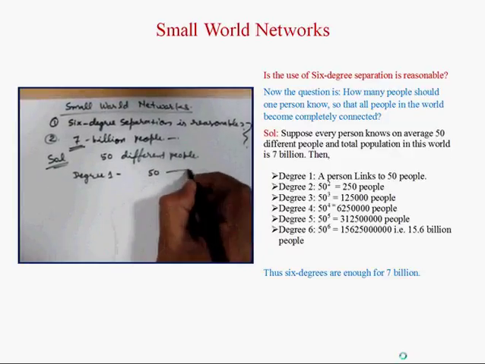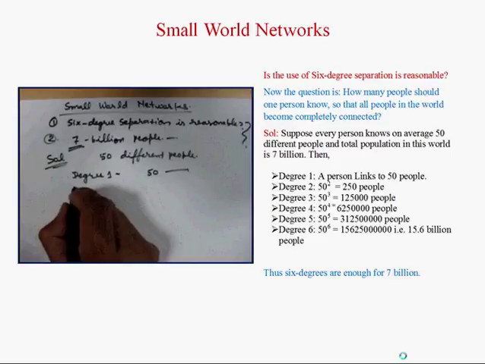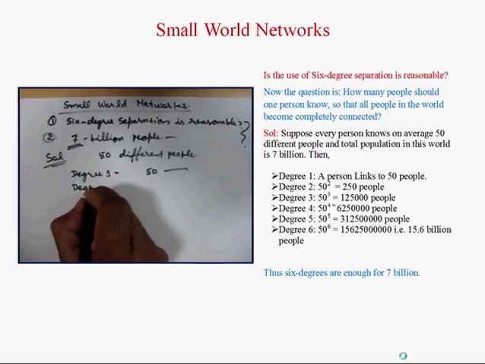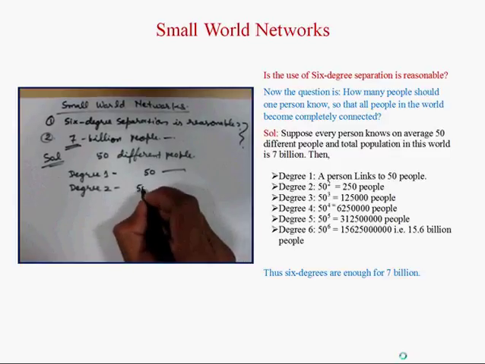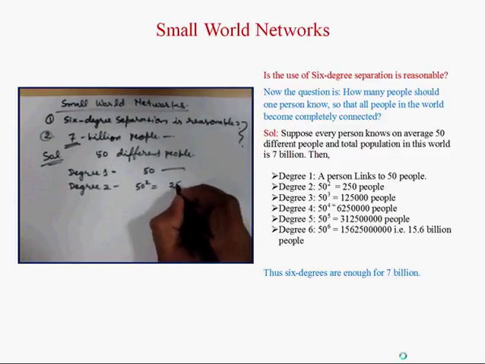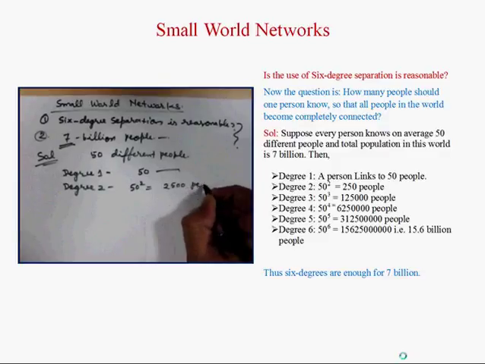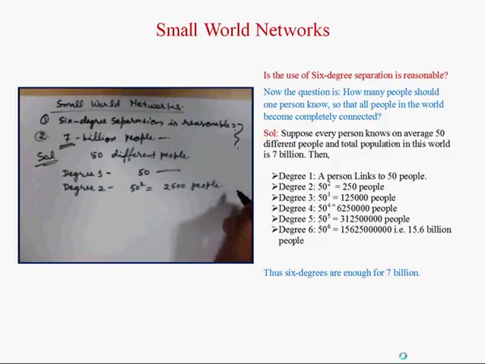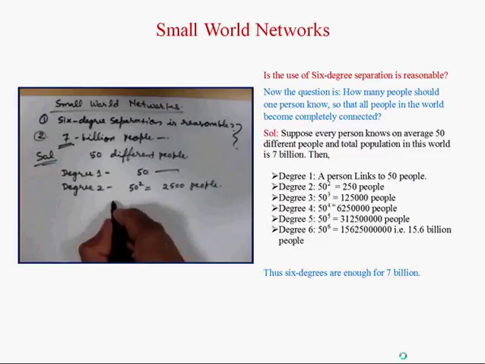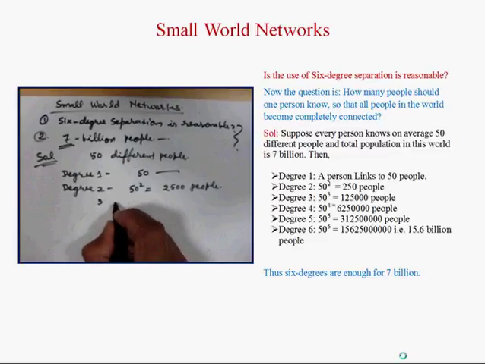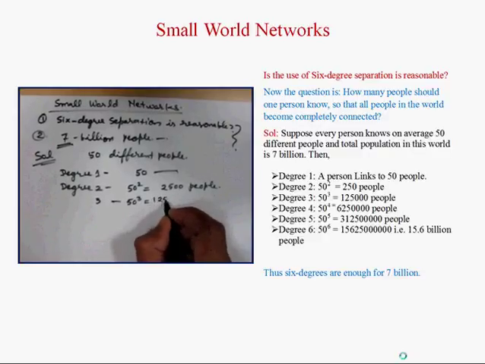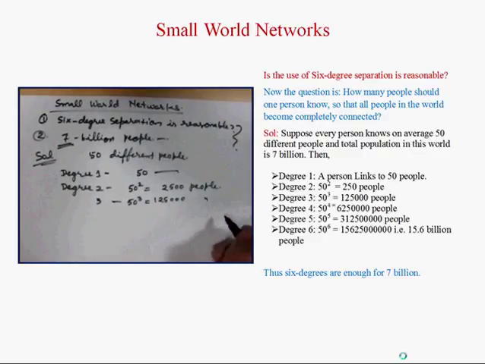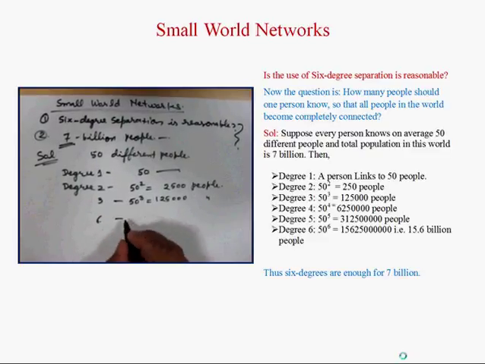Similarly, at degree 2, the person will link to different people in the world. Similarly, at degree 3, it will link to different people in the world. And finally, at degree 6, it will link up to 15.6 billion people.